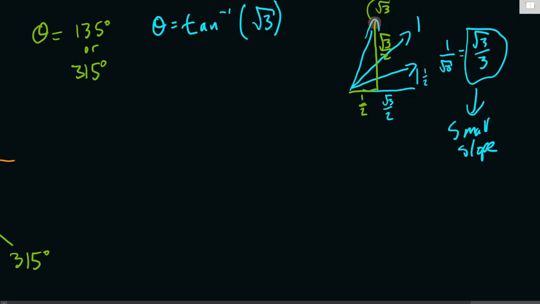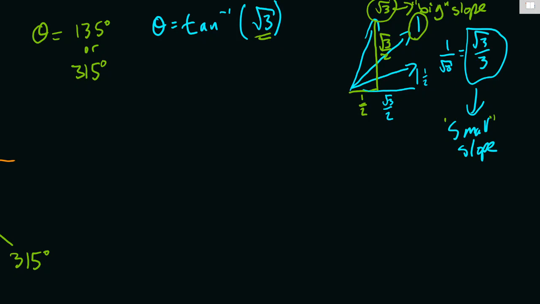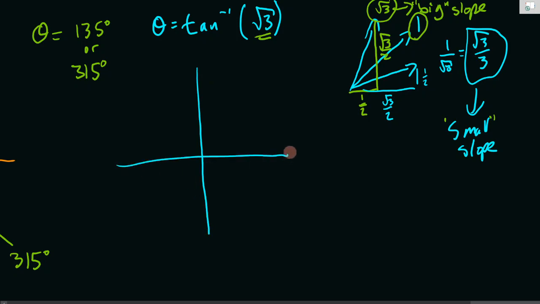So root 3 is your big slope. So you either have a small slope, a big slope, or a 1 slope. Root 3 is roughly 1.73205 if you're a huge math nerd like me and you've got it memorized. So 1.73205 is steeper than 1, so it's going to go up here.